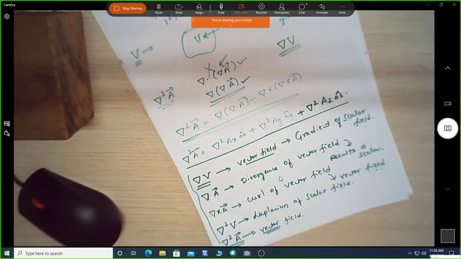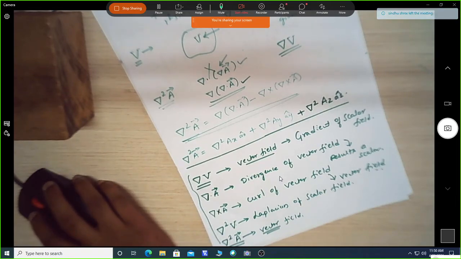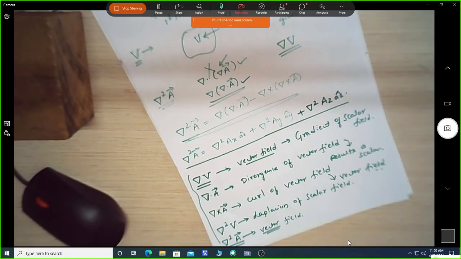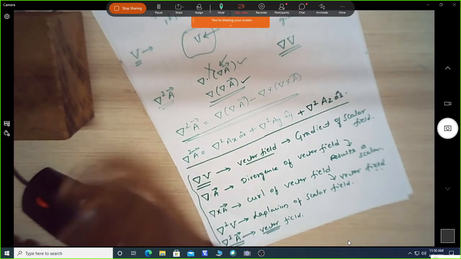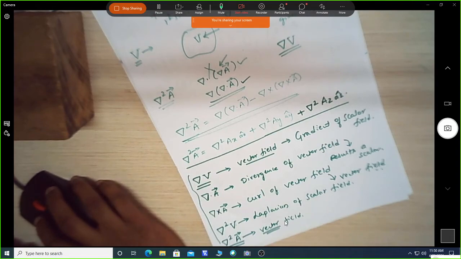In the next class we will start with one problem on the Laplacian, and then move on to the actual concepts of electromagnetics, that is electrostatics and magnetostatics. We will start first with Coulomb's law and Gauss's law, and go further. We'll stop here and continue the problems and the concept of Coulomb's law in the next class.